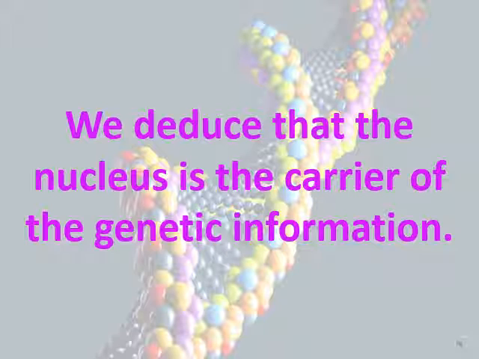The color of the mouse that is formed is black. This means that the genetic information for the fur color doesn't depend on the cytoplasm from the white or on the uterus from the gray. It depends on the nucleus injected from the black. That's why we have a black mouse. So the result here is that the nucleus is the carrier.